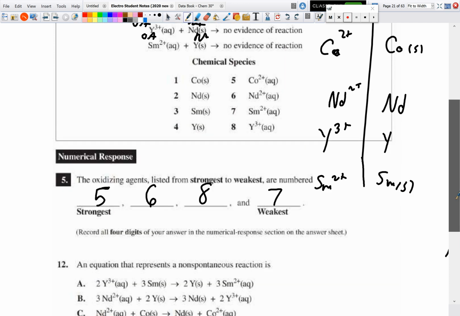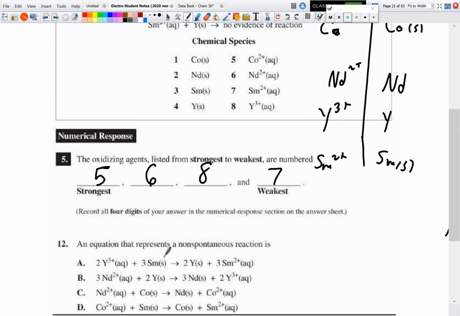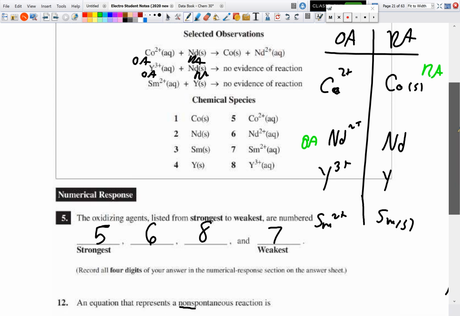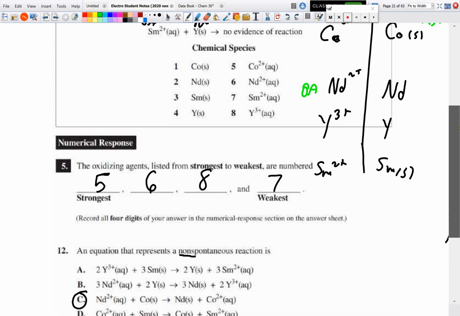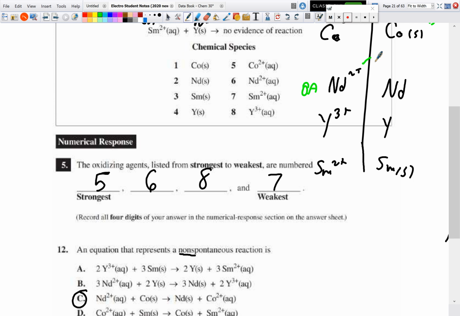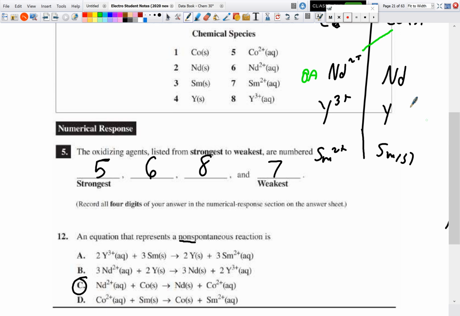The only combination here that results in a non-spontaneous reaction should be C. Because if we look at our chart, if we take my oxidizing agent and mix it with my reducing agent, so my Nd2+ and my Co solid, that gives me a non-spontaneous reaction because my reducing agent is above my oxidizing agent.